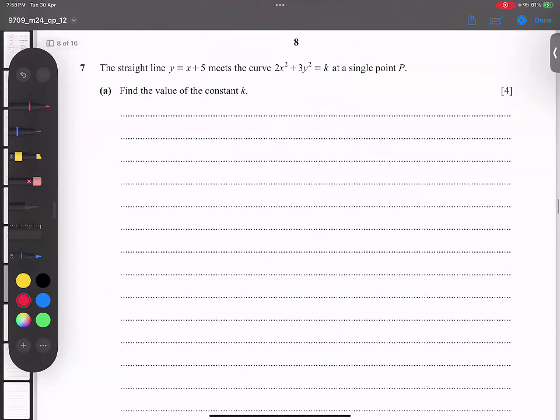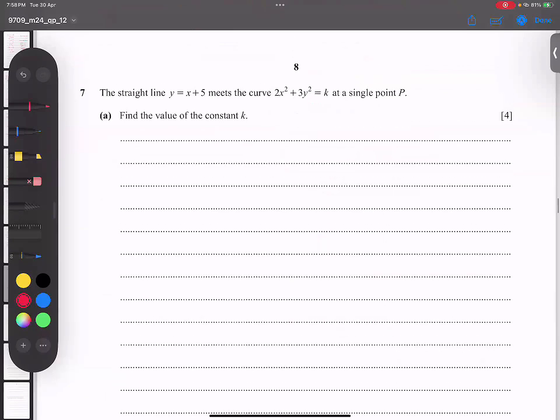Question number 7 is saying this line meets the curve at a single point. Actually, we have 3 conditions: not meeting, you know it very well. The second condition is when it's meeting at one point.